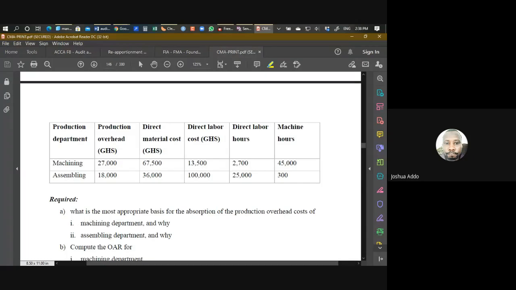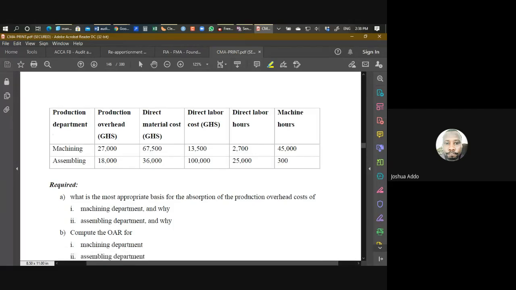Direct material cost is 67,500 for machining, 36,000 for assembly. Direct labor cost 13,500, 100,000 for the 2. Direct labor hours 2,700 for machining, 25,000 for assembling. Machine hours 45,000 for machining and 300 for assembling.